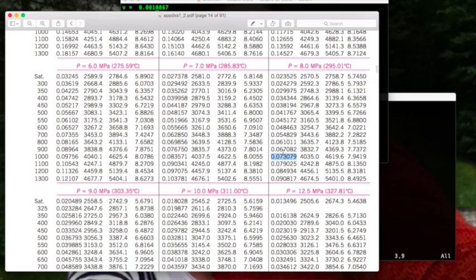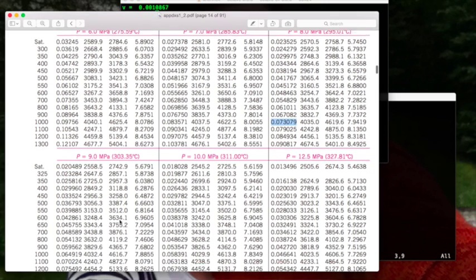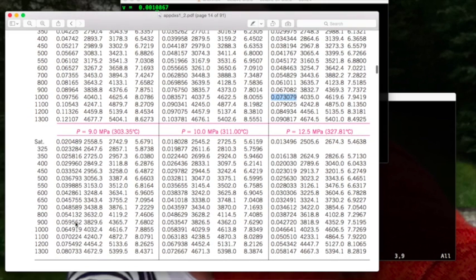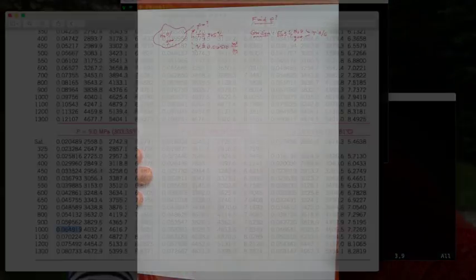We're getting closer though. If we go down to the next isobar data of 9 megapascals, we have 0.05 and 0.064. Well, this number maxes out at 0.064, so the number we would interpolate here would have to be less than our number of 0.0651, which we're given.